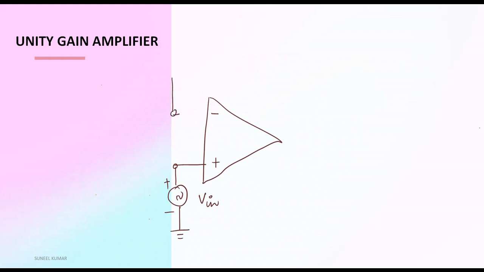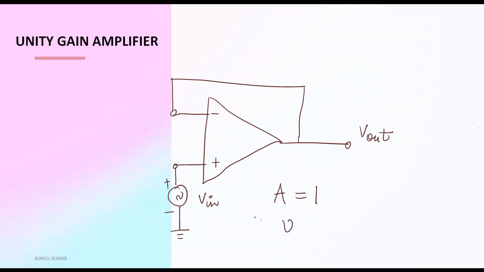This one is short circuited, and this is V output. So its gain will be 1. That means V1 is equal to V input. Whatever input we are giving, we are getting the same as output. So that's why this is called a unity gain amplifier.